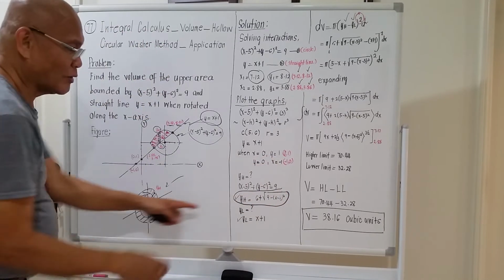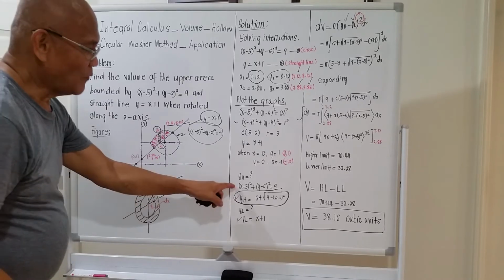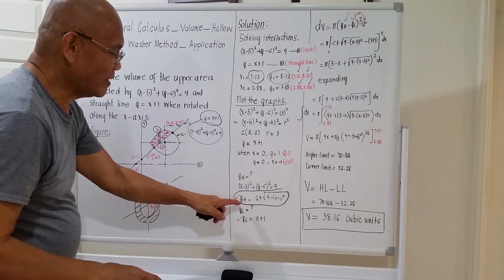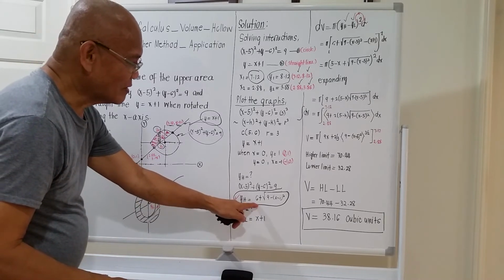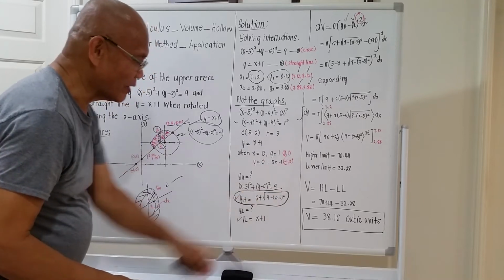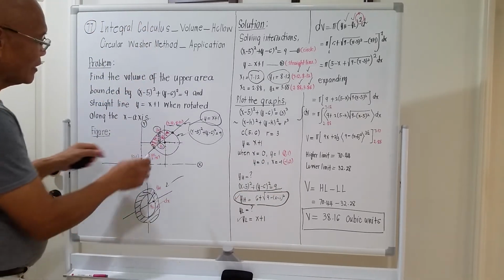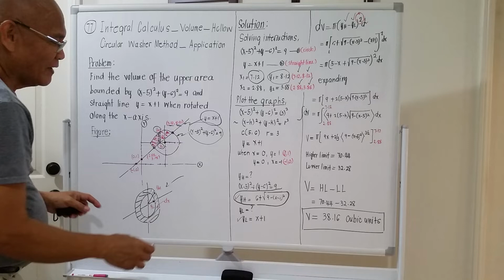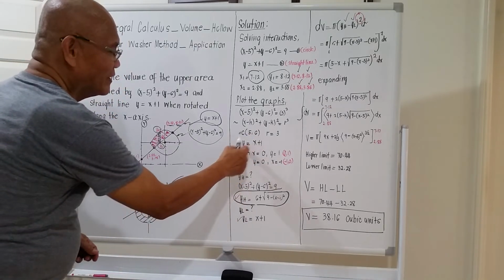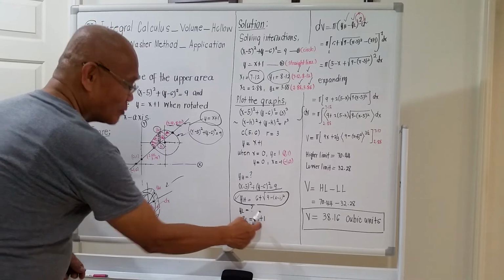You get it from the equation of the circle; simplify and compute for y. Y higher will be 6 plus the square root of 9 minus the quantity x minus 5 quantity squared. And y lower is the ordinate of the straight line. It's easy: y equals x plus 1. So y lower is x plus 1.